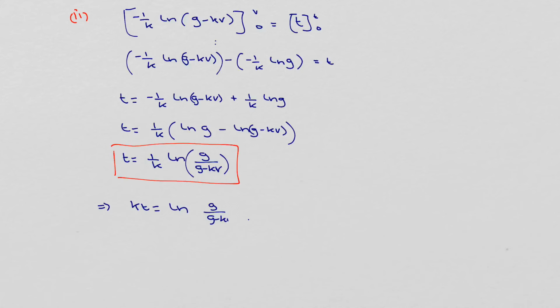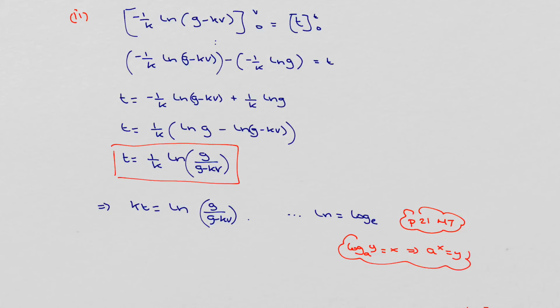over g minus kv. Now we know that natural log is the same as log to the base e, so I'm going to change this. Again, if you can't remember how to change from logs back to exponential, go to page 21 of your maths tables, top right hand corner. The rule there basically states that if log y to the base a equals x, then that can be written as a to the x equals y.